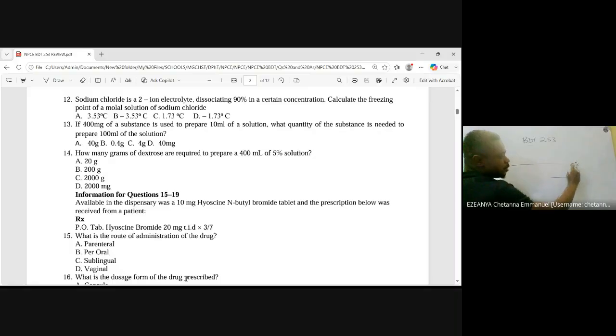Remember that anything below 0 is minus. From here to here is by 1.86 degrees Celsius. Why is the freezing point here minus 1.86?